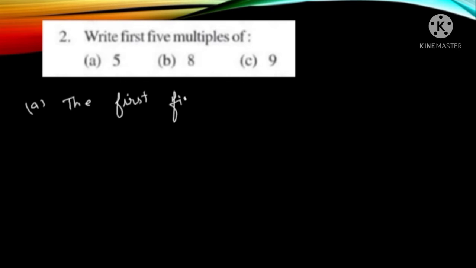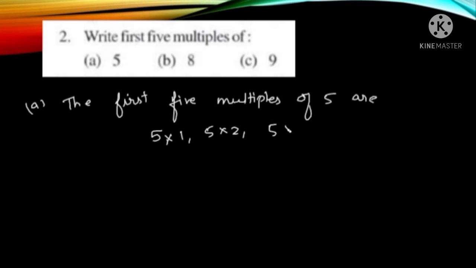The first 5 multiples of 5 are, just write down the 5 table. 5 ones are 5, 5 twos are 10, 5 threes are 15, 5 fours are 20, 5 fives are 25.